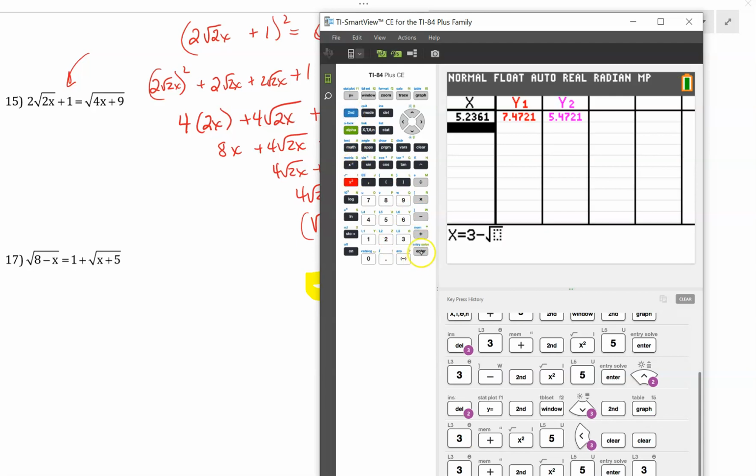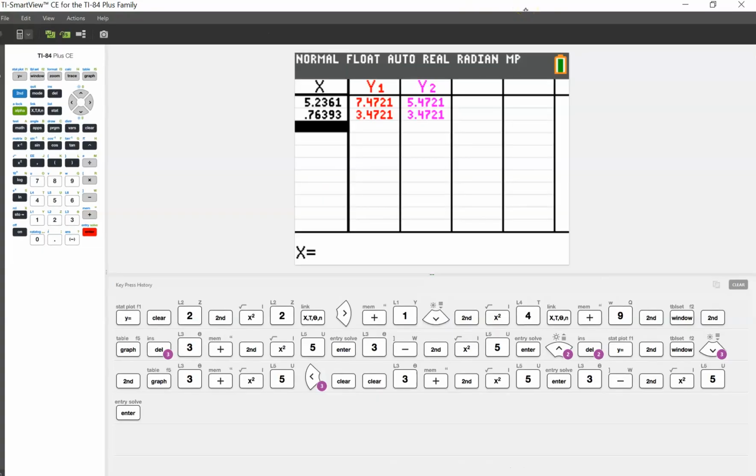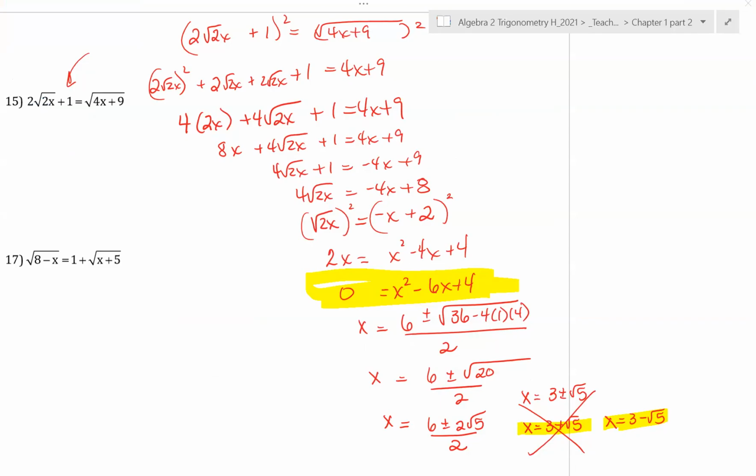Now if you look at the table, notice that for y1 and y2, for 3 plus root 5, 7.47 is not equal to 5.47, but for the second one that we checked, which was 3 minus root 5, 3.47 is equal to 3.47. So that might be the quickest way to do it. So 3 plus root 5 was not a solution.